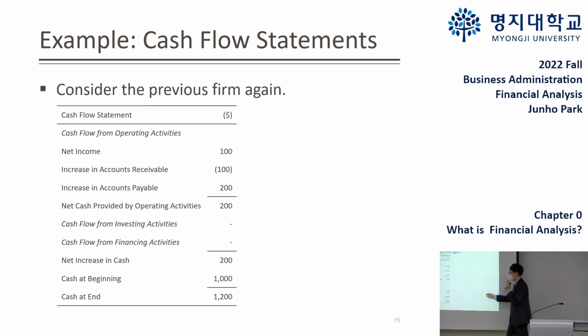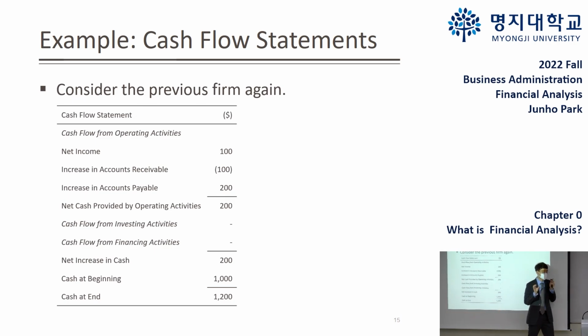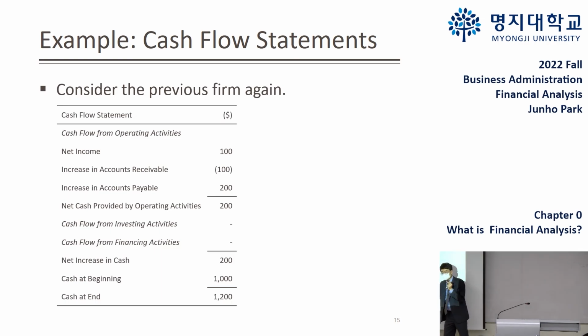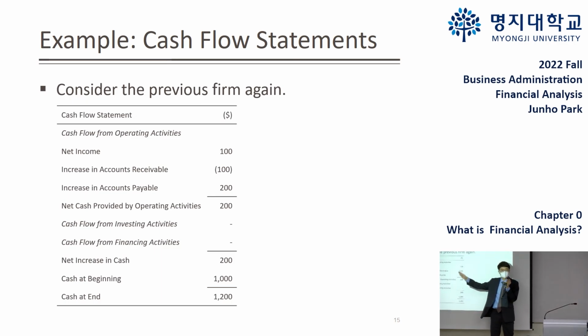And then, because we started our business with $1,000 cash, and we get $200 net, our cash in the end should be 1,200, and we confirm that this is true from our balance sheet.